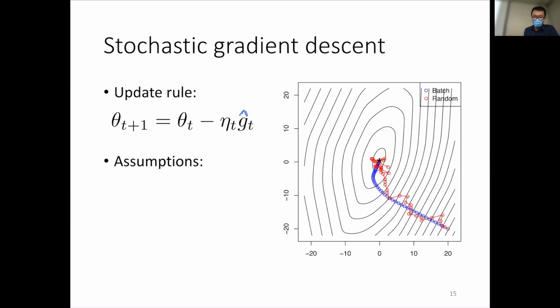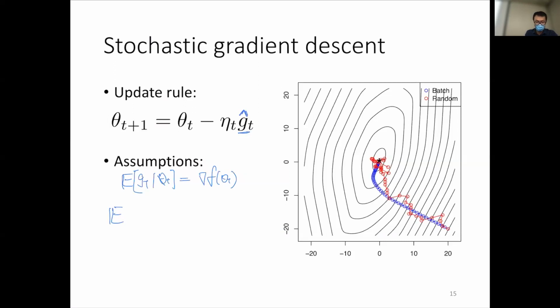And this G, the direction of your update, needs to satisfy a number of assumptions. First of all, it is required to be an unbiased estimator of the gradient, conditioned on the current iterate, so its expectation is equal to the gradient of the function that you're minimizing. Secondly, it's typical to assume that the trace of the covariance matrix of this G, conditioned on every input parameter, is bounded.